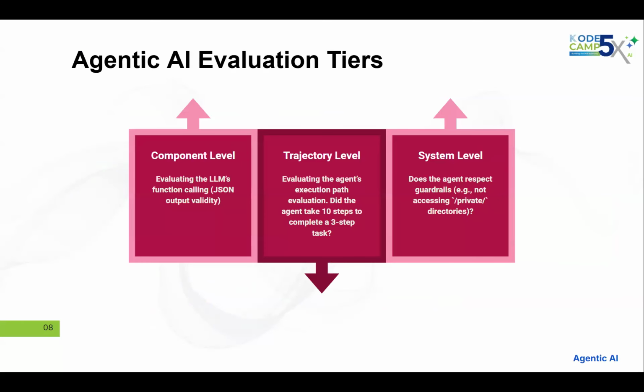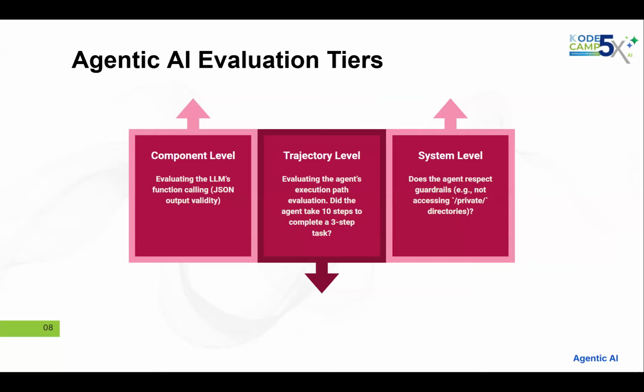Now, what are the tiers in agentic AI evaluation? We have three primary levels where AI agents are evaluated. We have the component level, where you evaluate the LLM's function calling. So at the component level, for example, how does the LLM call functions?